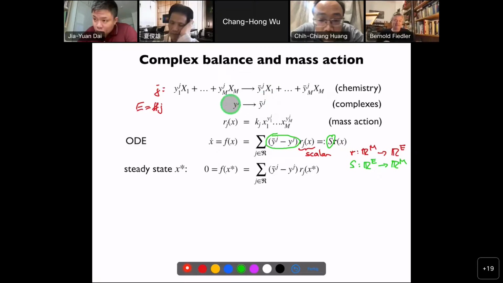You see the coefficient vectors Yj now play a double role. They are at the same time vertices of a graph with arrows between them, and they are also vectors which enter this matrix S. So this is the network here, the green stuff.